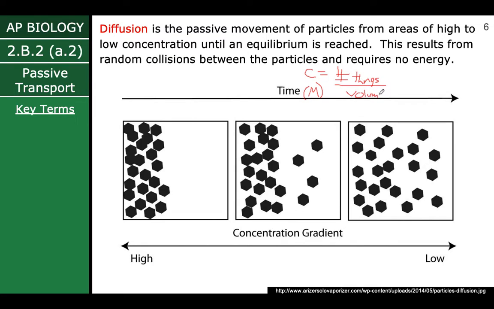So if you put, let's say, 30 grains of salt into an entire ocean, you're not even going to notice the salt, okay? But if you put it into a small glass of water, you'll notice it much more easily. Okay? So things are going to move until they reach what we call an equilibrium. Okay, so once it's like kind of settled and it's nice and spread out, we call that equilibrium. Okay, equilibrium.